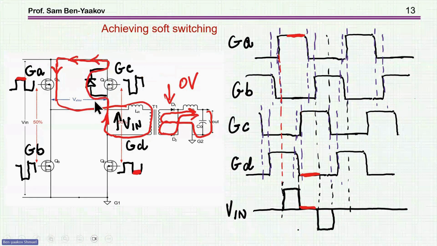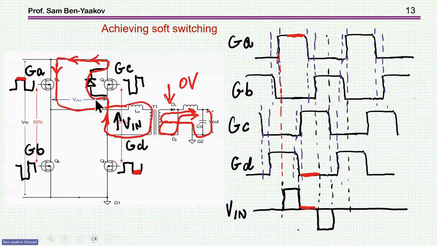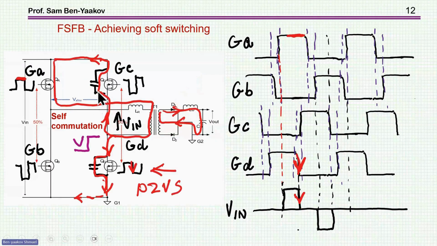And then we are locked to an idle or idling state in which the current is circulating here, actually doing nothing. Before that, let me just point out that what is important again here in the operation is charging these capacitors so that the current, which is a reflection of the output. The current here is a reflection of the output, so you have to have sufficient output current, sufficient load.